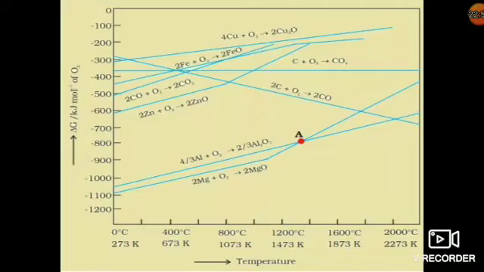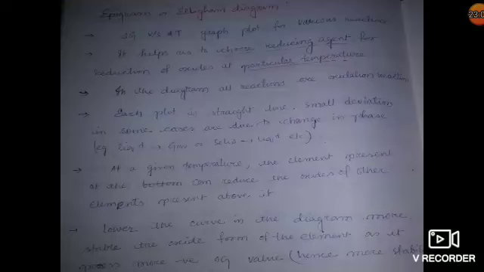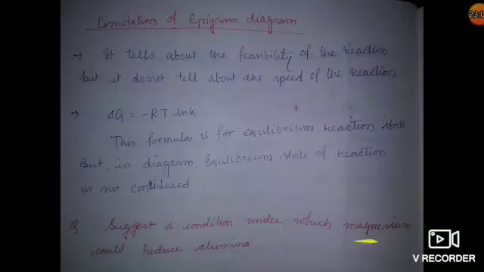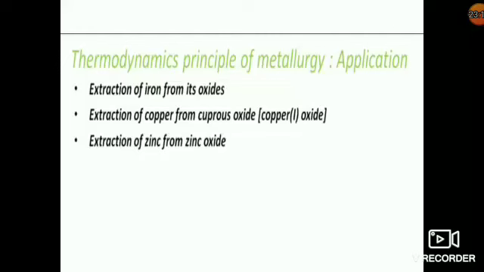From 0 degree to 1300 degree, magnesium can reduce alumina, but above 1300 degrees centigrade, aluminium will start reducing the magnesium. So that is your answer. Okay, clear? So what is the condition? 0 to 1300 degrees centigrade. Within this temperature range, magnesium can reduce alumina.